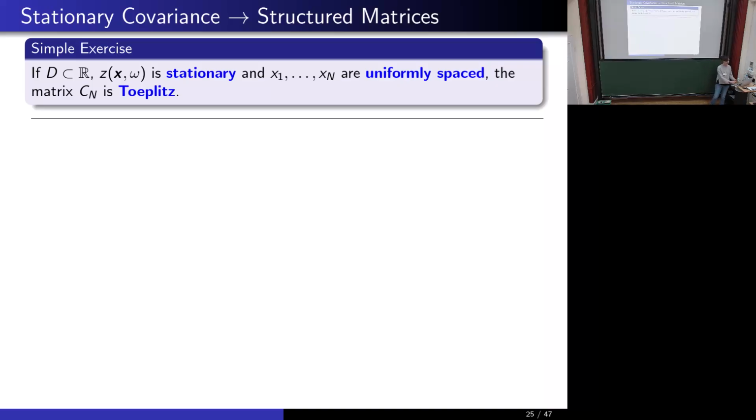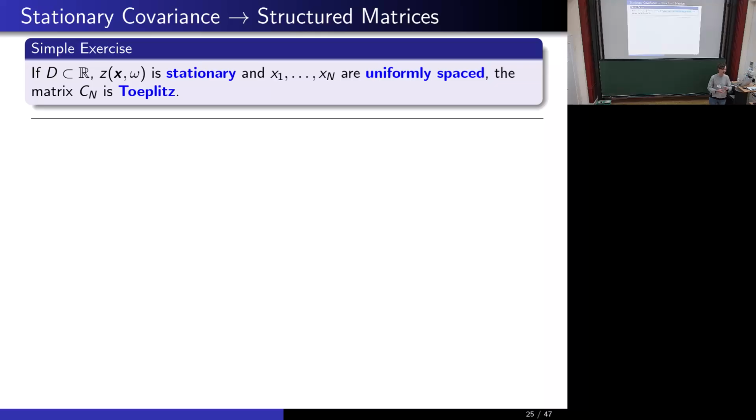And let's say the points that I use to evaluate my random field are uniformly spaced. So there are two conditions: a stationary covariance and uniformly spaced sample points. I claim that the matrix is always, apologies for the pronunciation, Toeplitz. Does anyone know what a Toeplitz matrix is?